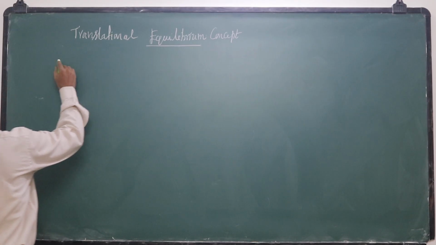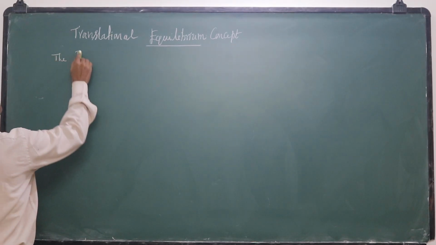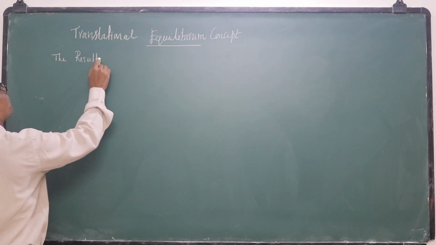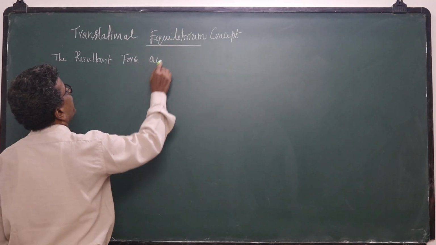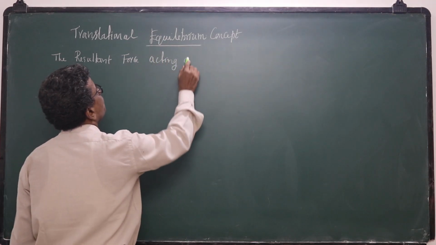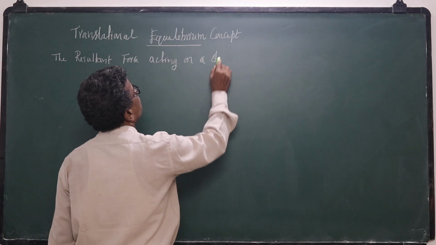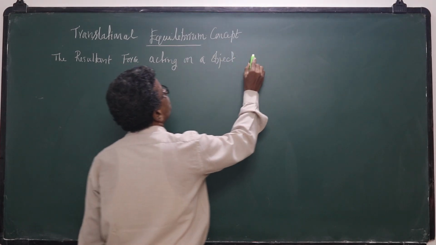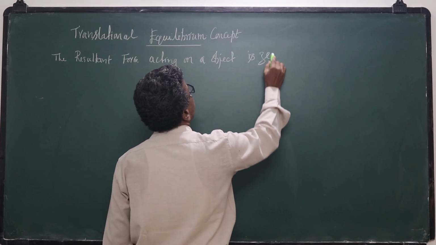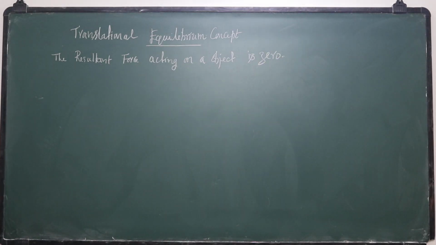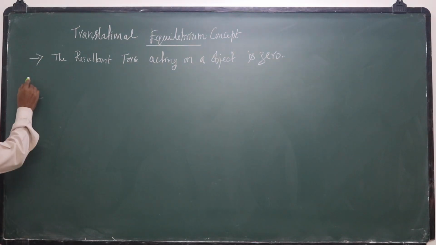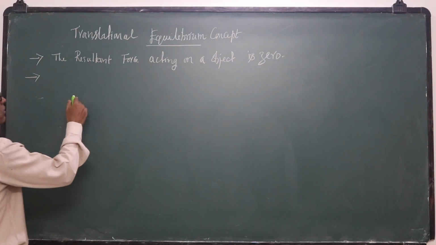So the resultant force acting on an object is zero, that is, it is a null vector. Then we can say that the body is in translational equilibrium.